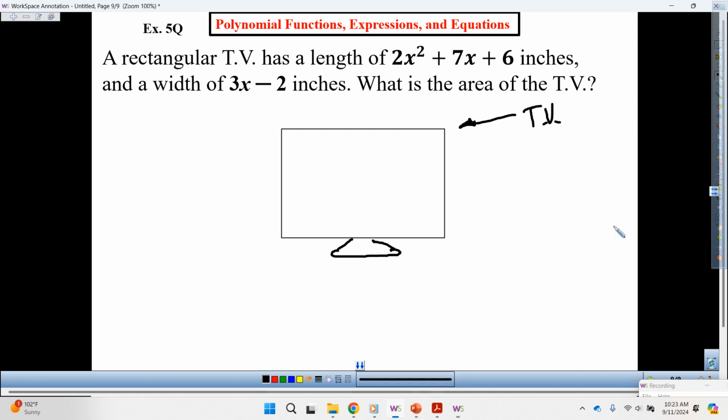And we're like, I don't know. Television, hello? So then we label this 2x squared plus 7x plus 6. That's our length. Our width is 3x minus 2.